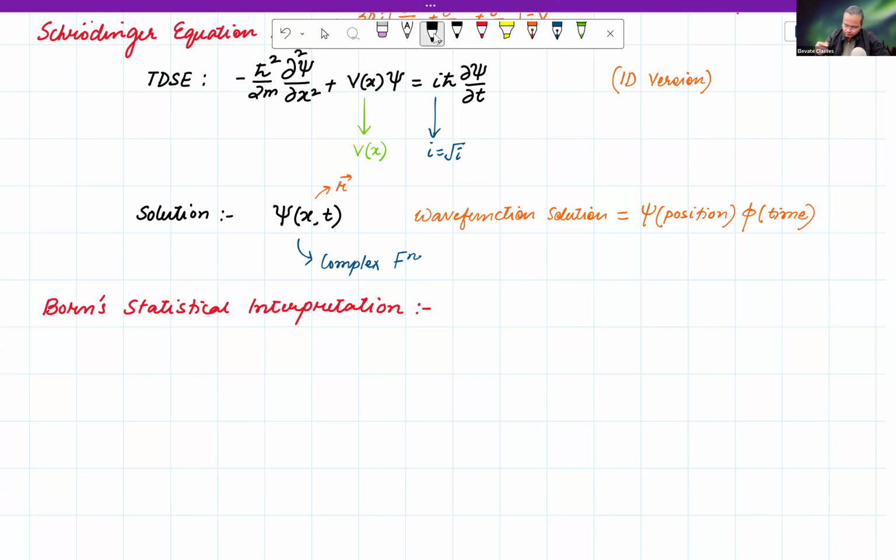So for example, the first thing that we can know is the probability density.